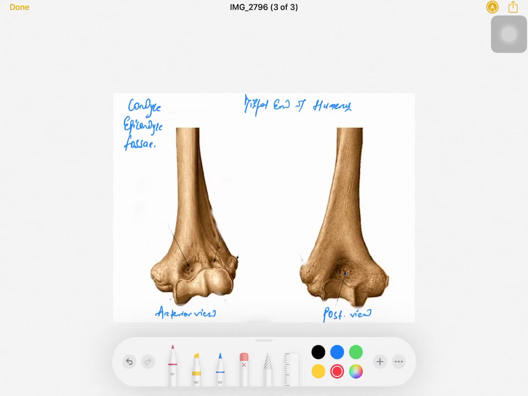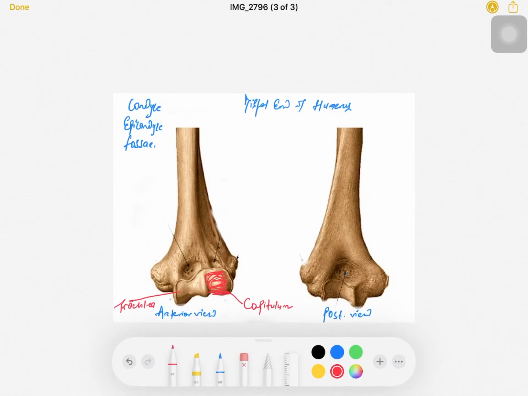I will draw with red color. Here you can see this one is your capitulum, and this one is your trochlea.